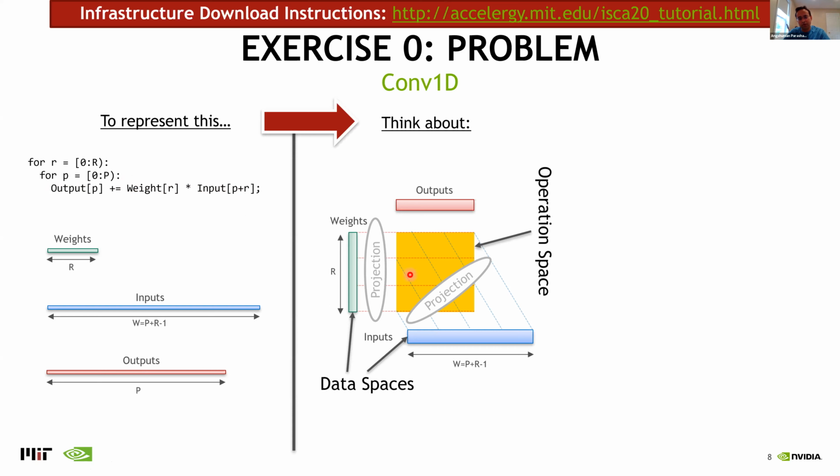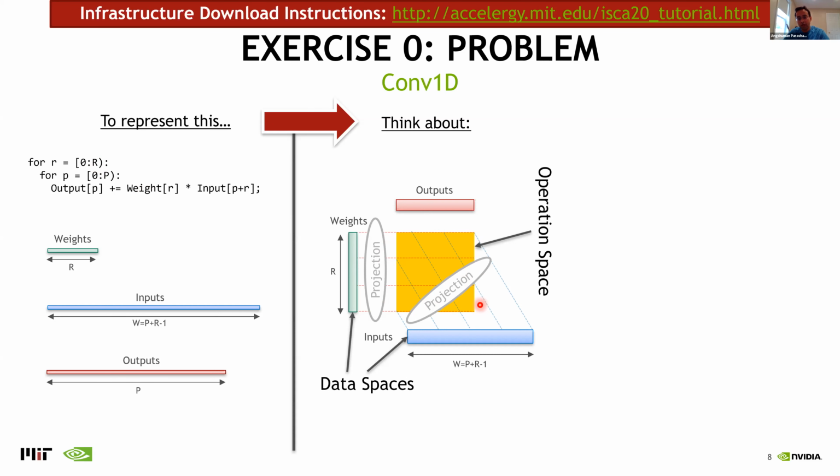To represent this in Timeloop, you would think about it a little more abstractly. The first thing you should think of is an operation space, which is the number of instances of the body of this loop nest. How many multiply-accumulate operations are going to be there? That's the operation space, and we're going through an R times P operation space. That's the number of multiplies we will perform in this whole workload, and that's represented by this yellow rectangle.